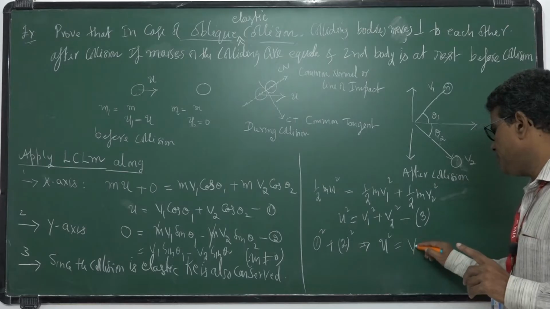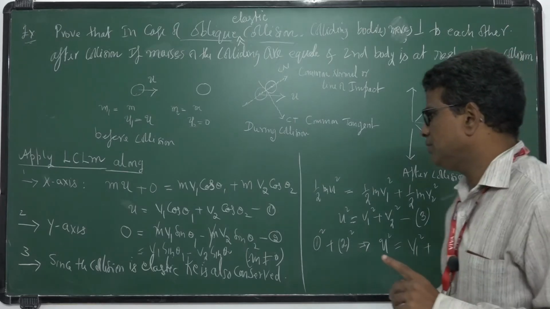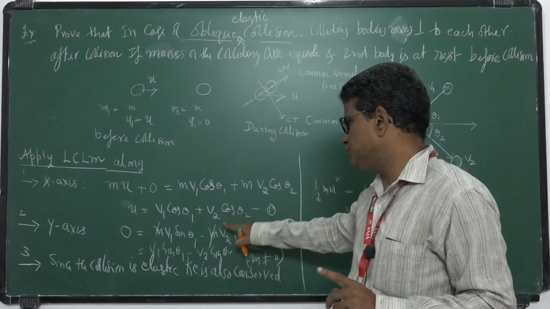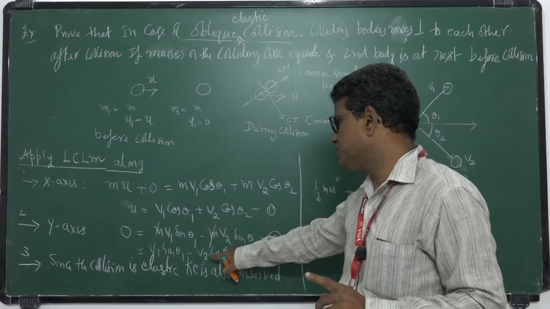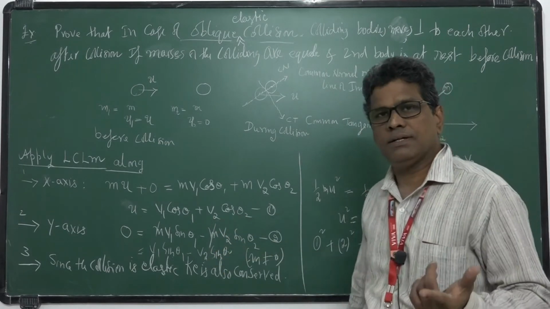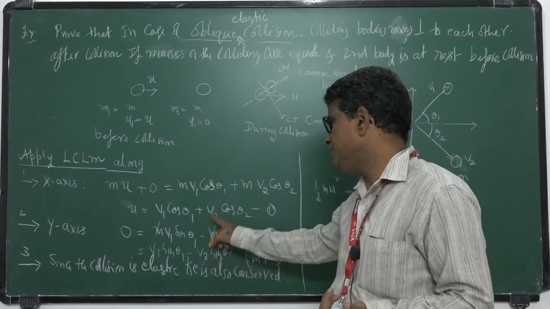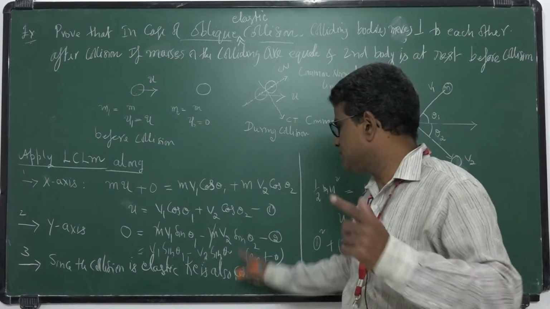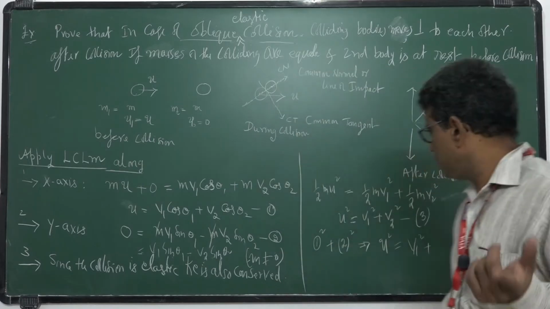So you will get v1 square plus, here, v2 square cos square theta 2 and v2 square sin square theta 2. Take v2 square common, and sin square theta plus cos square theta is 1.